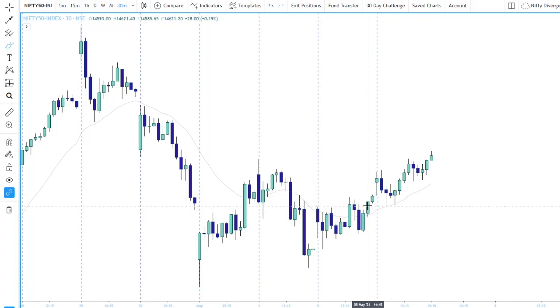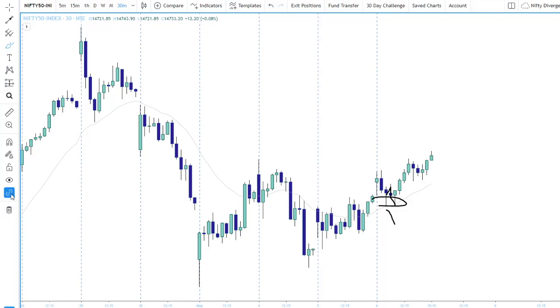If you see here, market tried to come down here and then it got rejected right in that zone. Okay, so exactly in this zone here it got rejected on this bar here, and then market went up and then it came down a bit, and then it tried to come down again. As you can see, it tried to come down again and it got rejected.